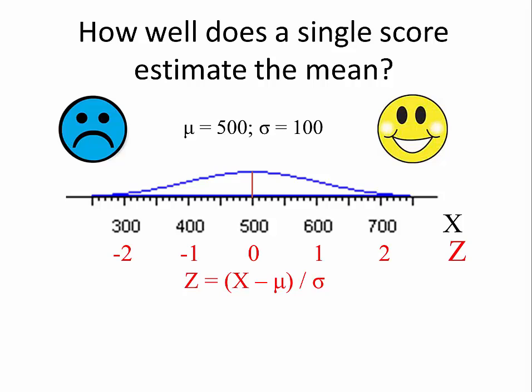So for example, 700 is 200 points above the mean, and the standard deviation is 100, so the z-score corresponding to 700 is 2. Similarly, 300 falls 200 below the mean, and the z-score is negative 2. We could find what the limits are that identify where the middle 95% of the observations are by going to a z-table or using a computer program to find the z-score that cuts off the middle 95% of the distribution.